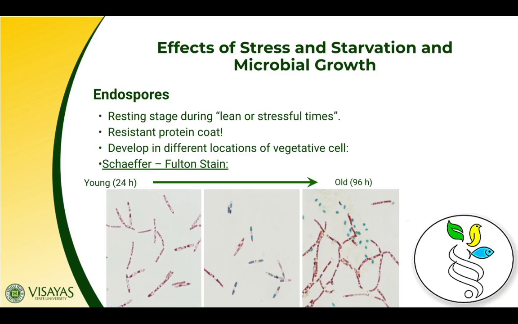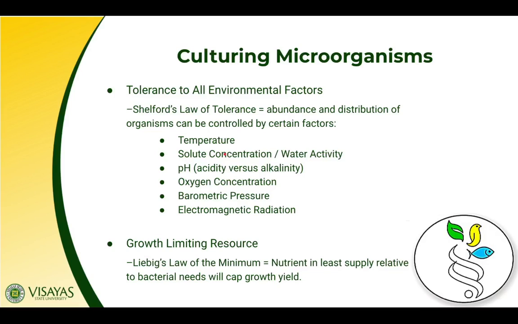The Shelford's law of tolerance states that abundance and distribution of organisms can be controlled by certain factors like temperature, the solute concentration or water activity, the pH, oxygen concentration, barometric pressure, electromagnetic radiation, and many other factors. What we're talking about here is that you should be able to understand your target microorganism in order for you to culture them.